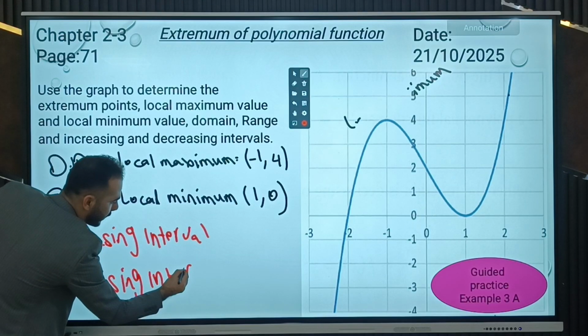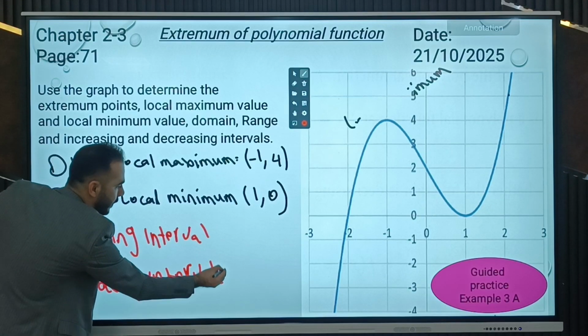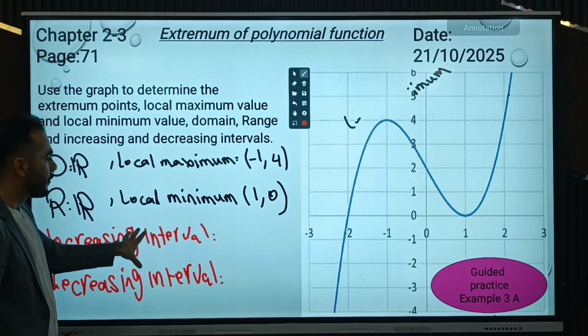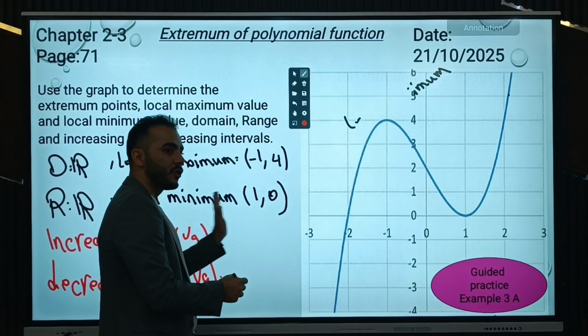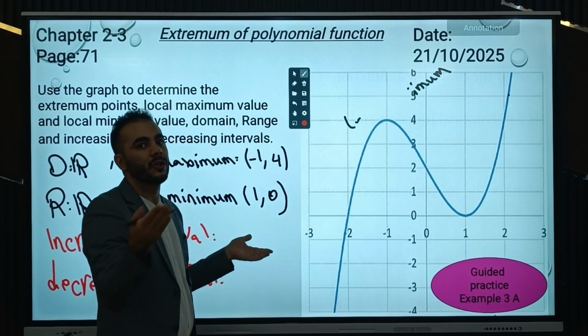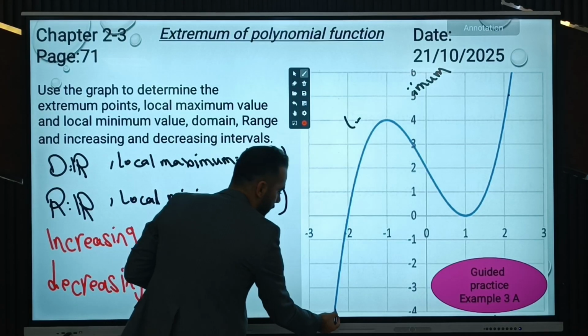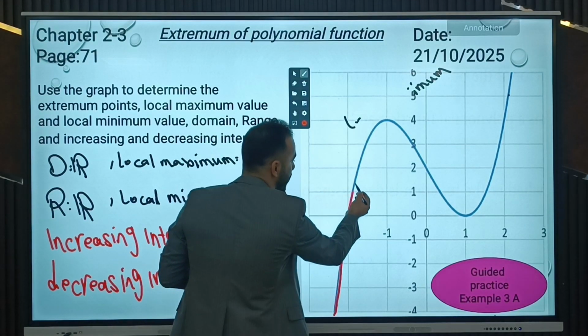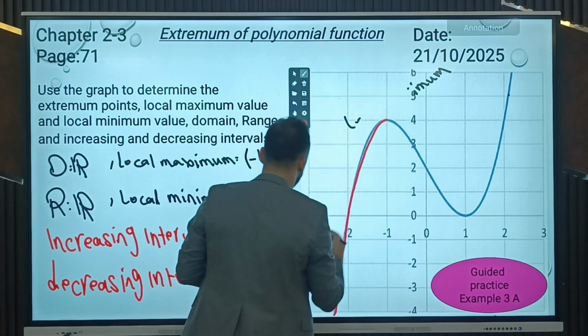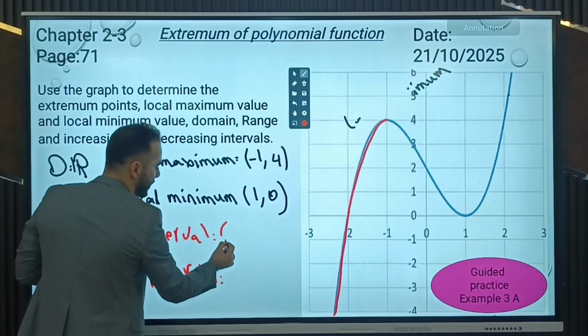For the increasing interval, from left to right, if it goes up, it's an increasing interval. From negative infinity, it goes up until negative 1. All right?